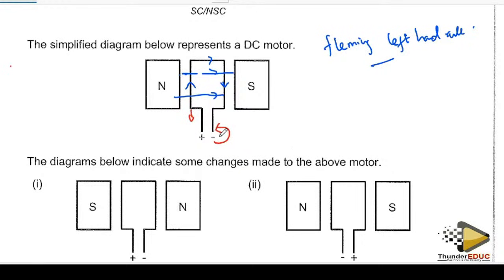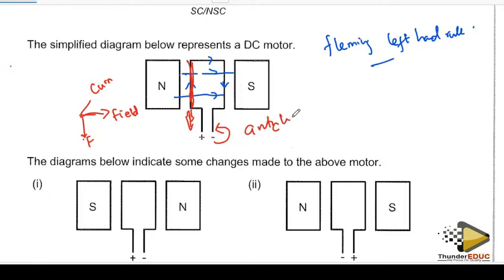If I use my Fleming's rule, this is the force, this is the field, and this is the current. I'm just looking at this part alone. With the field and current, it's going to go down. Once it goes down, the rotation is going to be anti-clockwise.